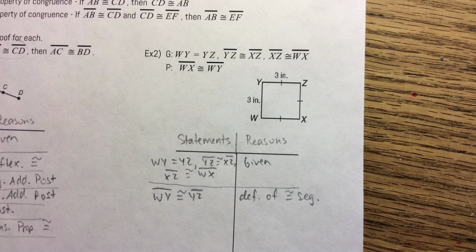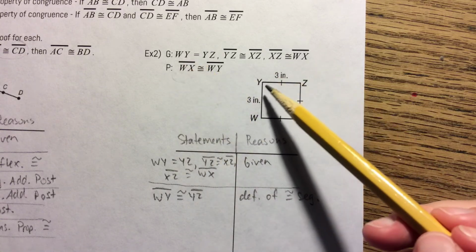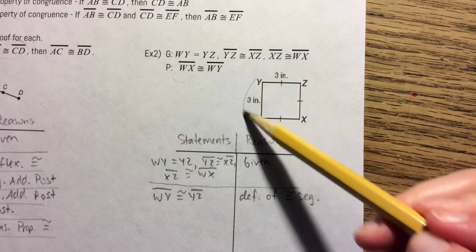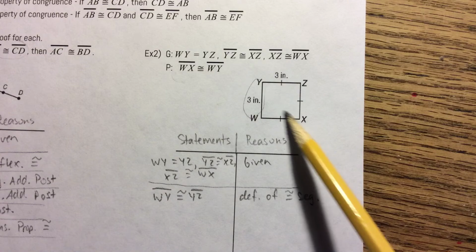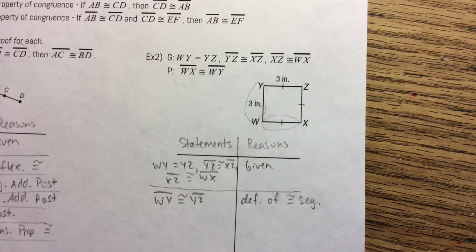Okay, so now what we're working towards is saying that WY is congruent to WX. So this is what we're working toward.